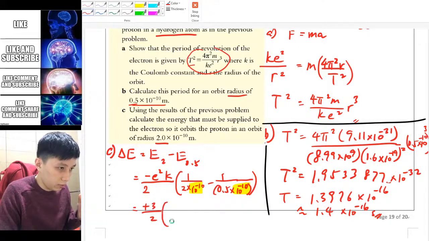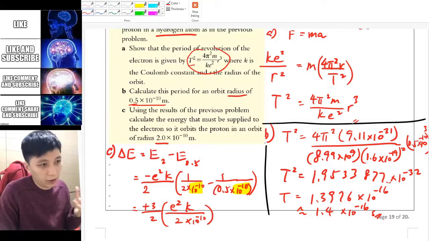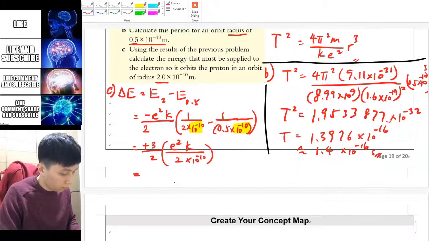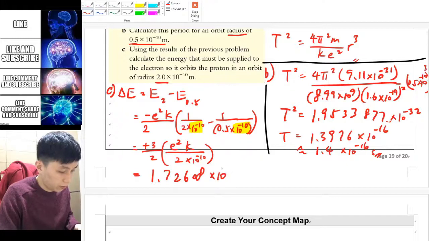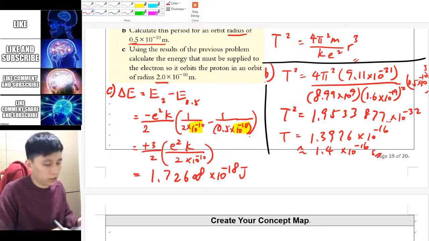Then you have everything else: e squared k over 2 times 10 to the power of negative 10. Again, e you can find from the data booklet, as well as k. Eventually you should find the answer as something like 10 to the power of negative 18 joules. And if you like, you can just run it.